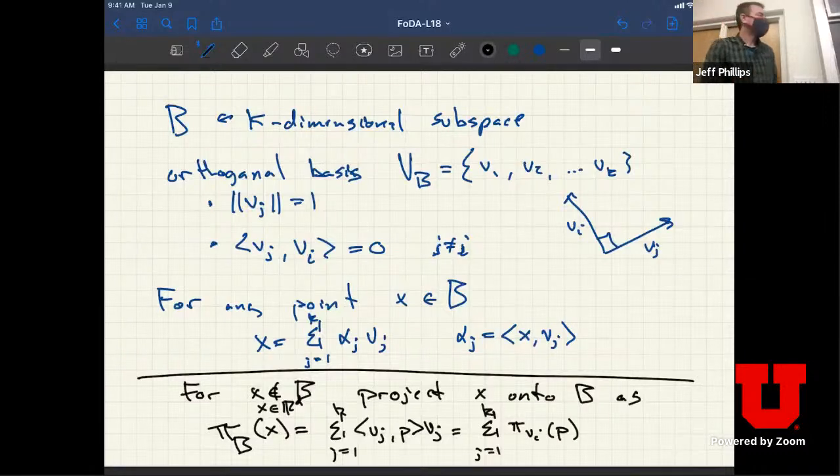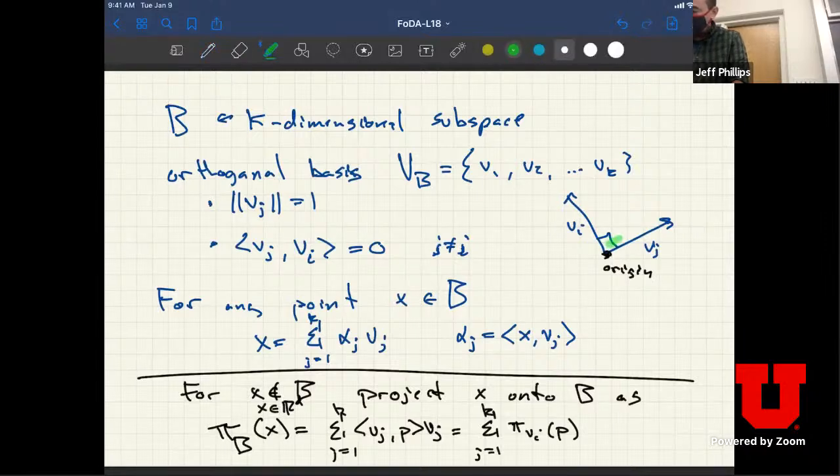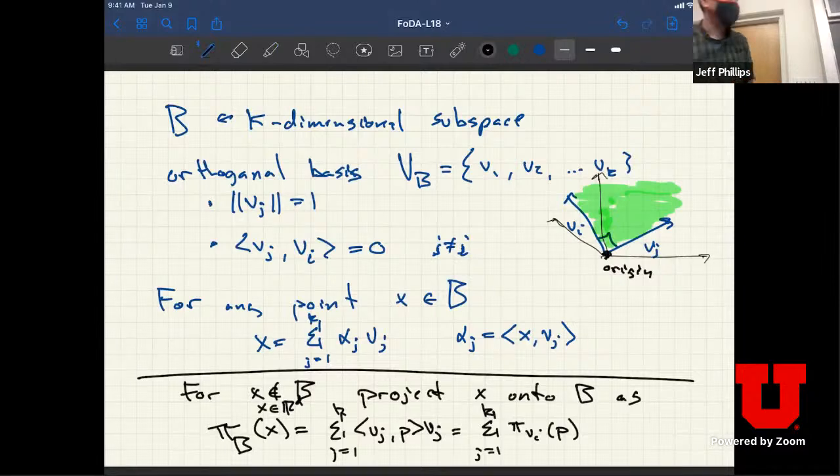So I can think of having a space here, and this point here is the origin. I'm actually living in R3, but there are these two vectors that are coming out, so think of it as a two-dimensional space. Then I'm going to have a point x which does not lie on the space.